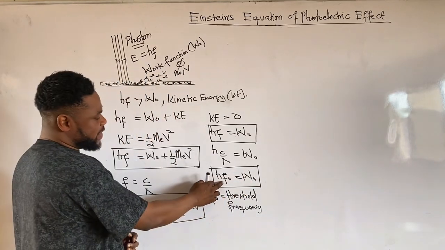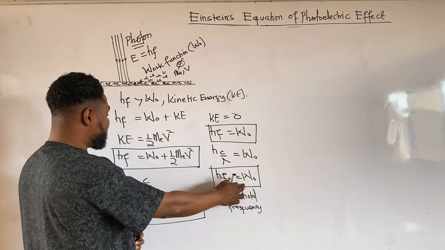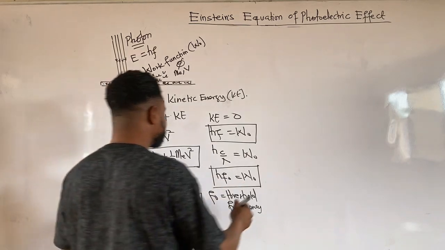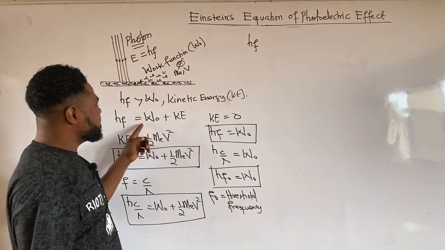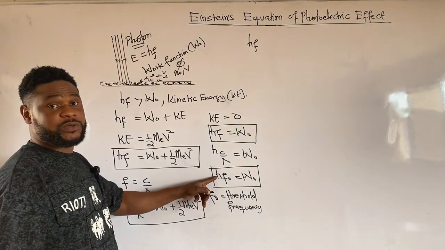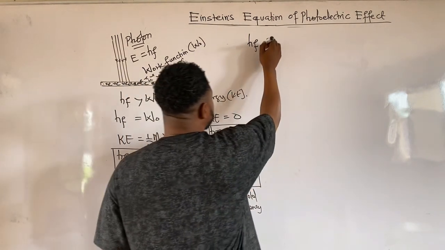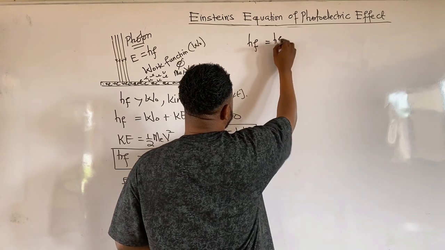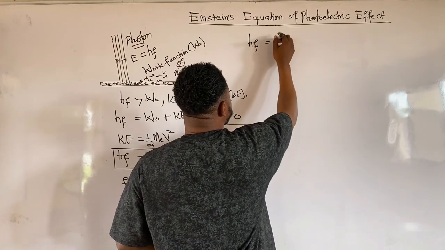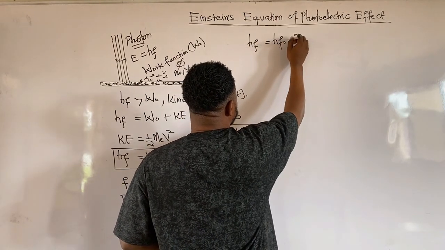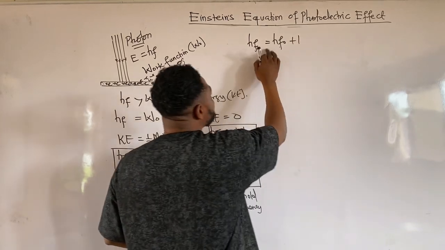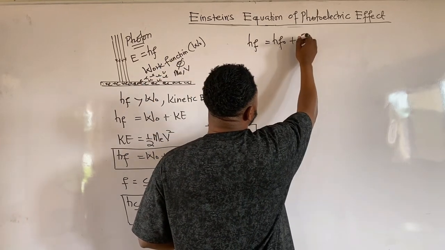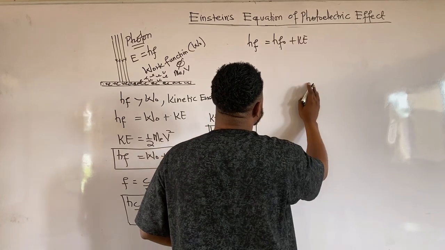Now let's see what we can say. If h f naught is equal to work function, then from here, when we have hf, anywhere we see work function, we are going to put h f naught there. So hf should be equal to h f naught plus kinetic energy.